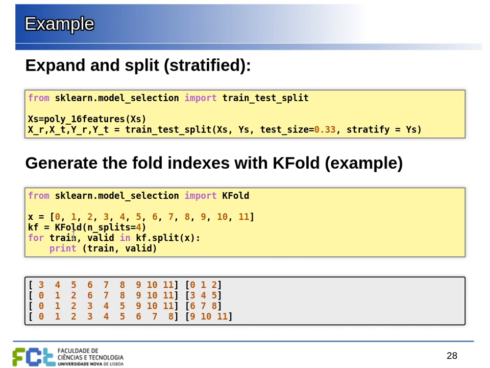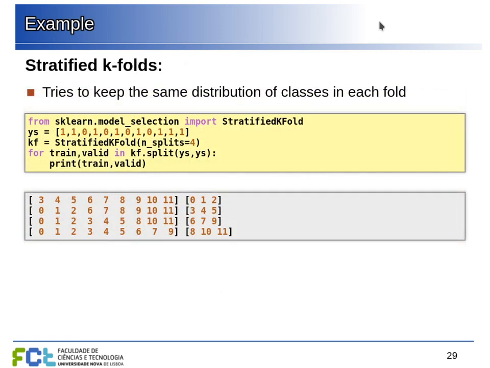So it iterates through 4 iterations, and at each iteration it tells us the indexes to use for training and validation. Adding this array here is just to tell split how many data points we have. So what we get here are always the indexes, and we can use those for the matrices and so forth. You can also use stratified K-Fold.